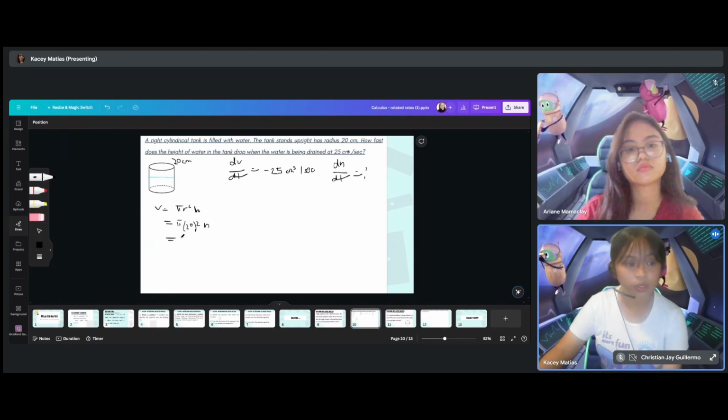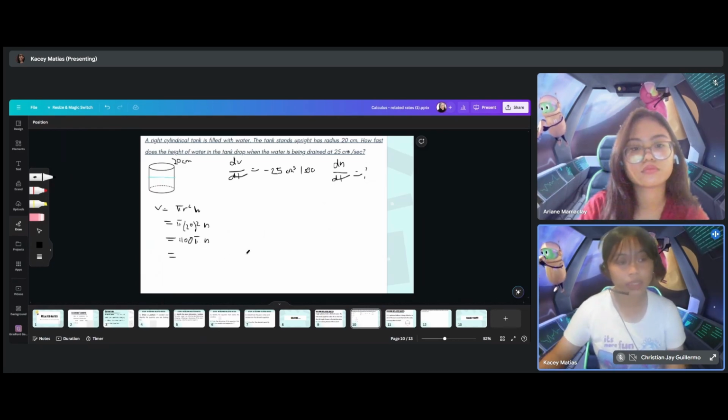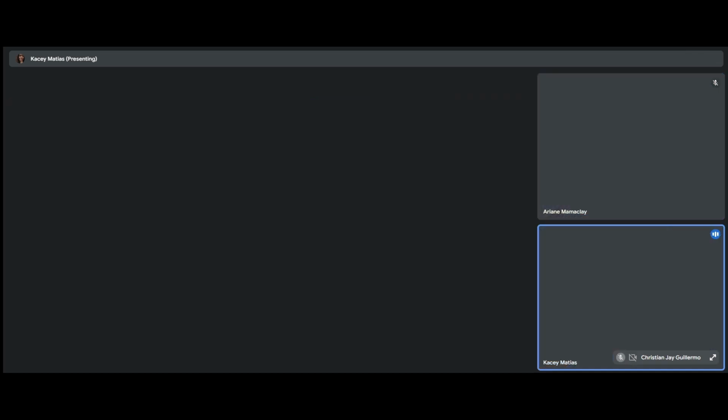So, 20 squared is 400 pi times height. Para makuha natin si height, kailangan na natin ipasok si negative 25, yung dV over dt. So, dV over dt, bring down natin si 400 pi. Tapos si h, yung height natin, gagawin natin siyang dH over dt.